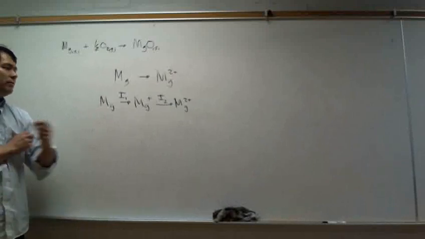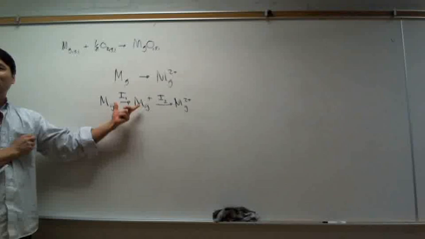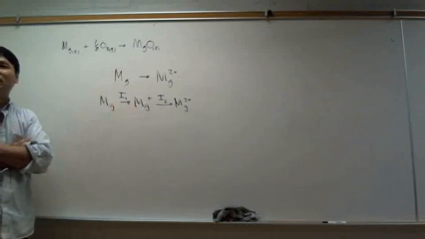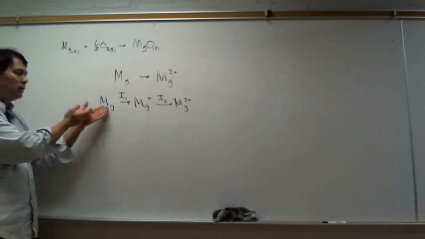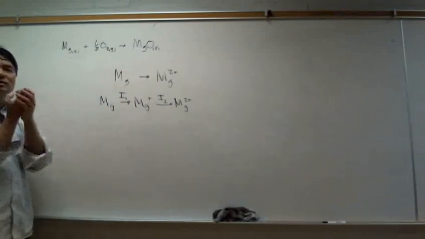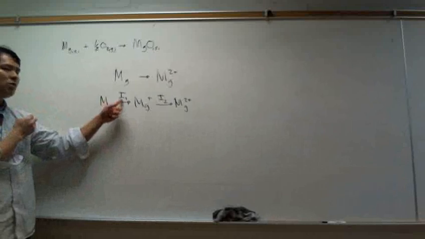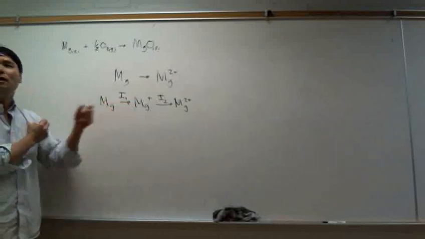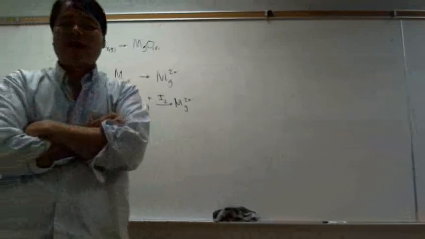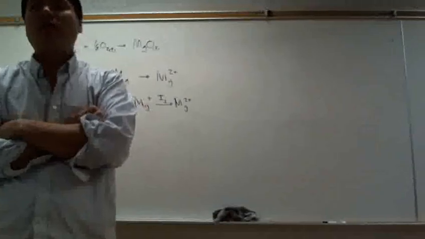So is forming Mg plus going to be energetically favorable or unfavorable? Actually, in order to pull an electron off magnesium, that's going to cost you energy. And so it turns out that I1 is endothermic. In fact, all ionization energies are endothermic.